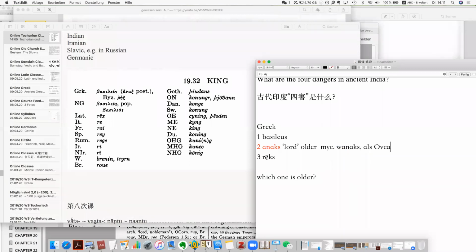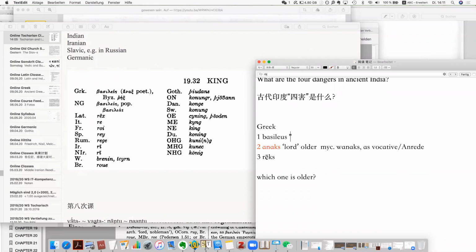Always as vocative. So in Greek, it is the form of address, in German, Anrede. But basileos seldom, and the meaning is also different.